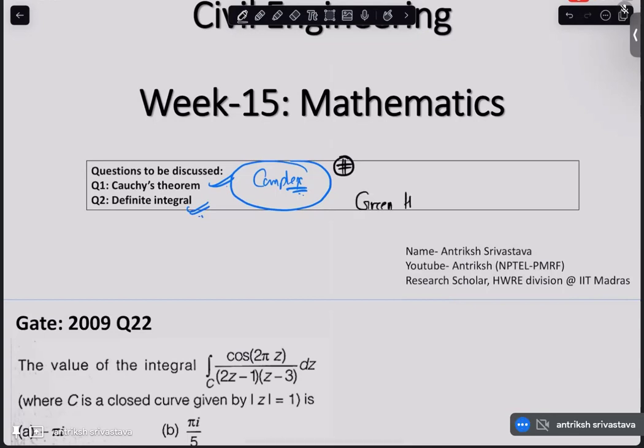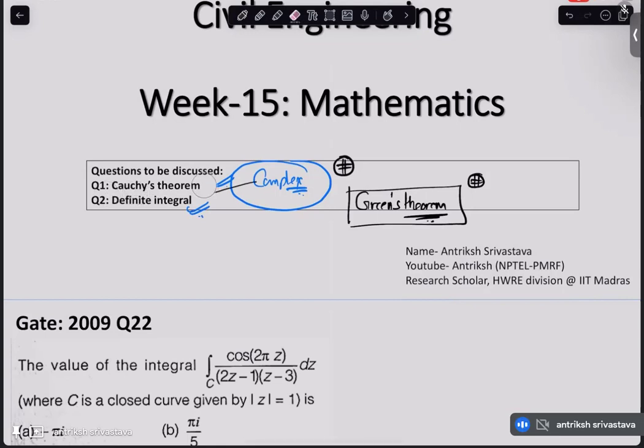Green's theorem, one question, because I thought while we are looking at the integration theorem, this Green's theorem is very popular. So why don't we just look at that also? It is just a simple formula based question for Green's theorem, because that is the only type of question that I have seen being asked in the GATE.